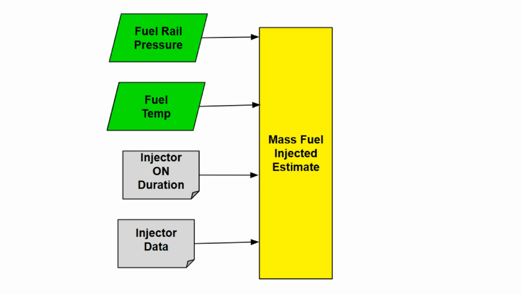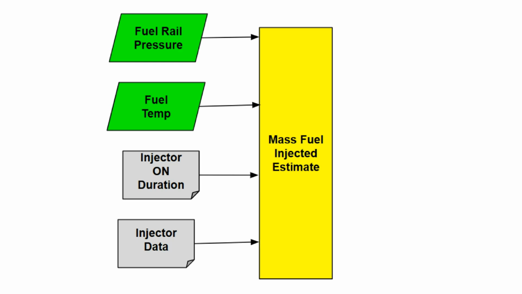The fuel injectors themselves are a potential source of uncertainty in this calculation. The quantity of fuel that is actually injected heavily depends on the flow characteristics and the electromechanical and hydraulic actions of the injector, which may change over time due to wear or damage.